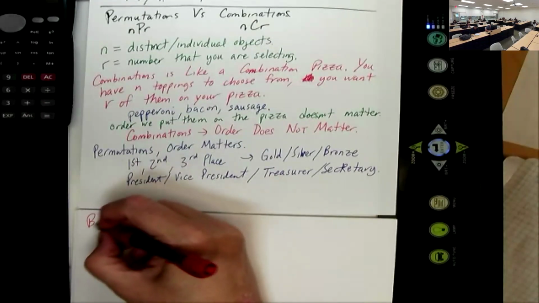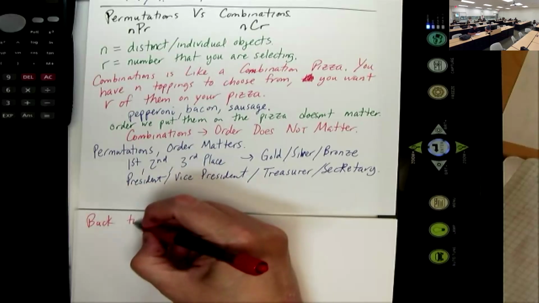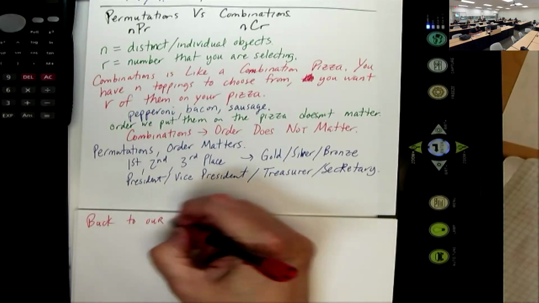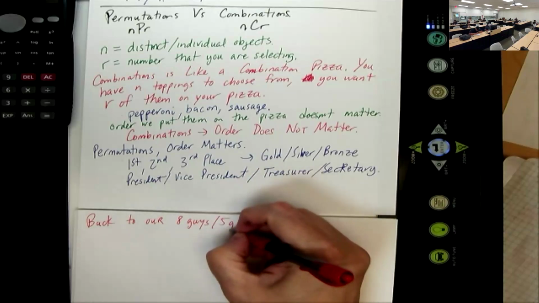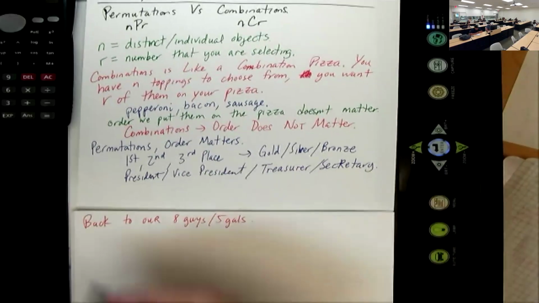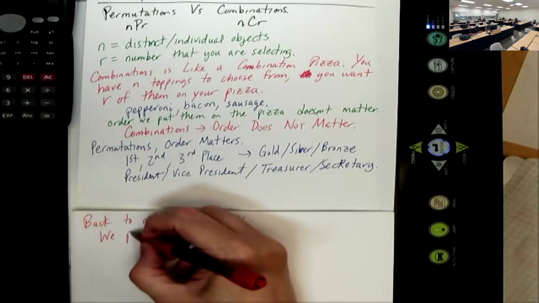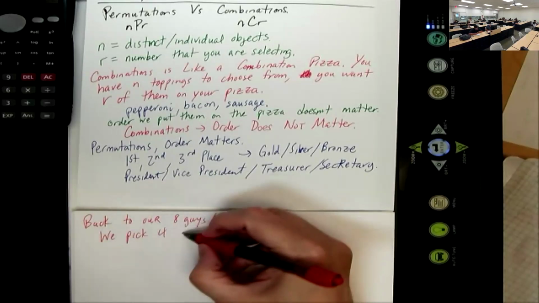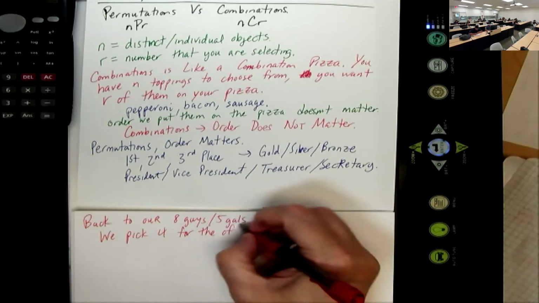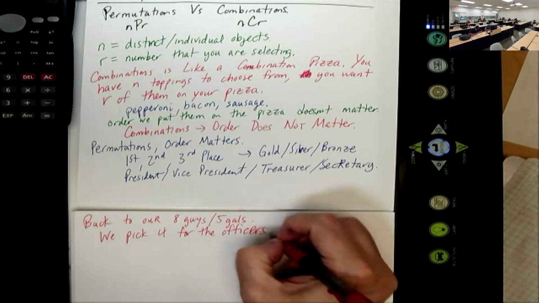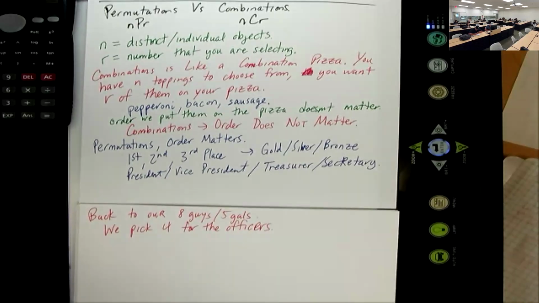Back to our guys and gals. And we pick 4 people for the task, for the officers. Order here matters, if you're selecting them in an order, pick the president.